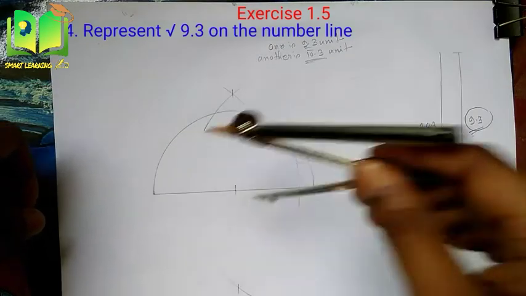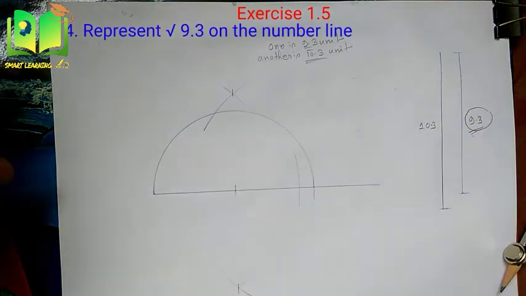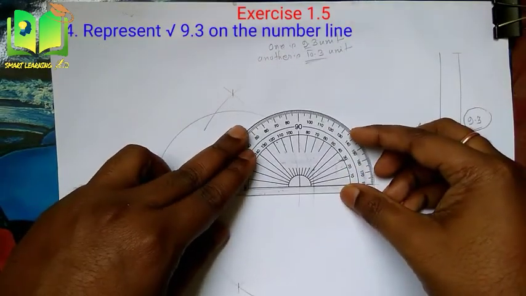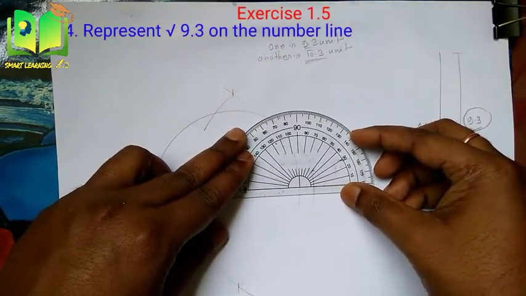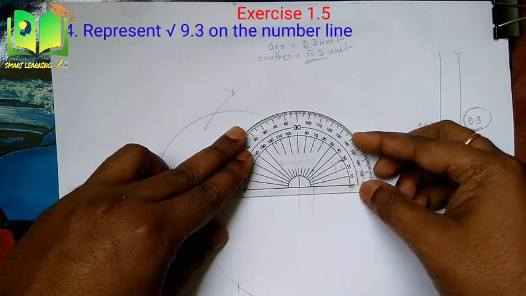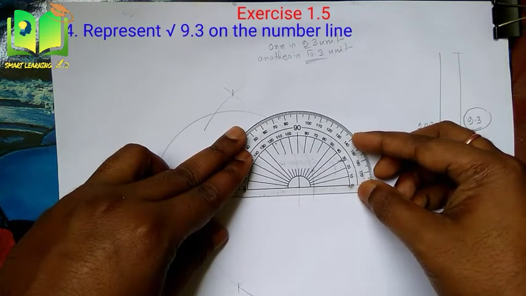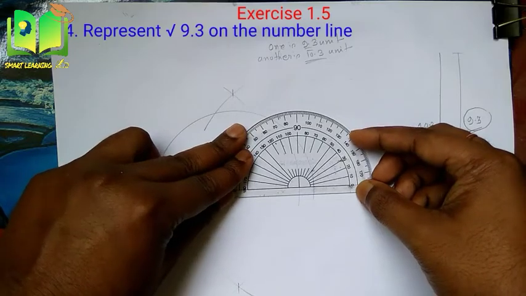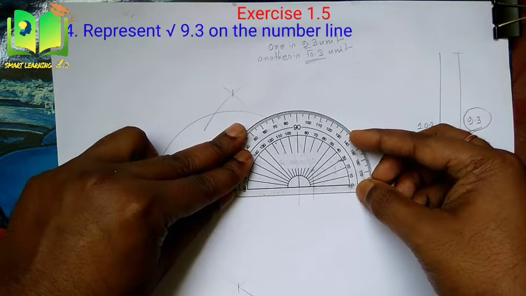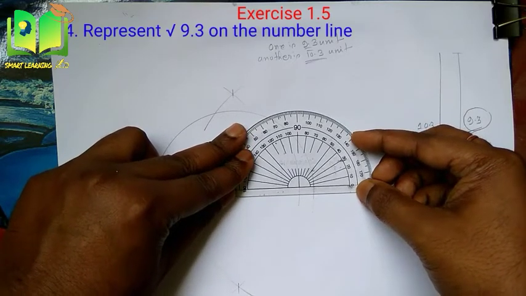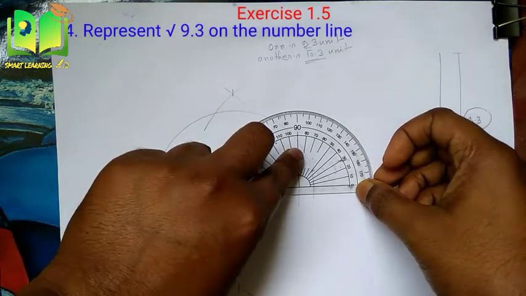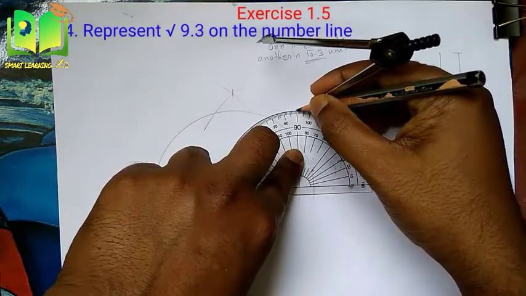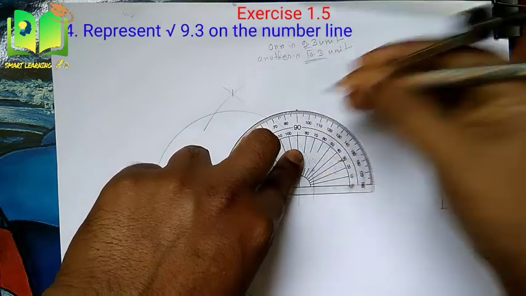Okay, and by protractor or by compass you construct here 90 degree. I am showing here by protractor because due to lack of time I am not showing the construction of 90 degree by compass.